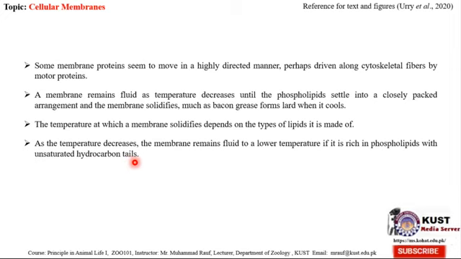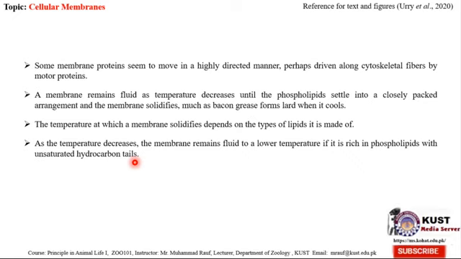If unsaturated hydrocarbon tails are present, that is, if a double bond is present in a phospholipid tail, then at that point the tail is tilted or twisted to a certain extent, and therefore this twisted tail pushes the adjoining phospholipids, creates room and increases the permeability.